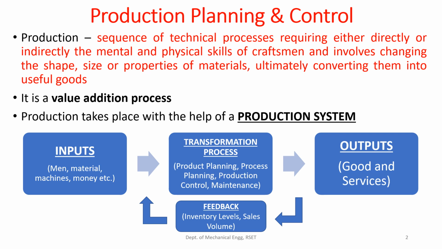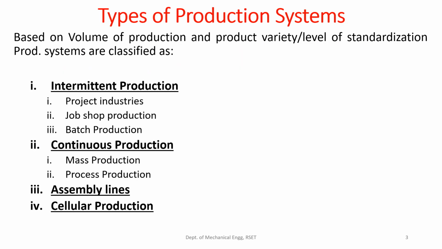Now we move on to different types of production systems. Based upon the volume of production and product variety or level of standardization, production systems are classified as either intermittent production systems, continuous production systems, assembly lines, and cellular production, of which intermittent production systems and continuous production systems are the most important kinds.